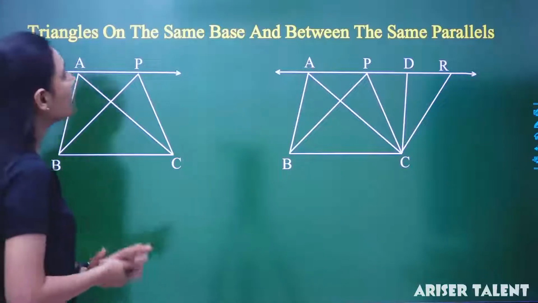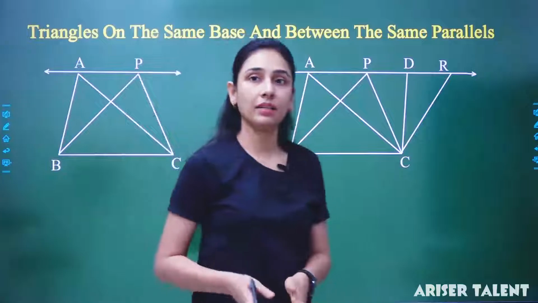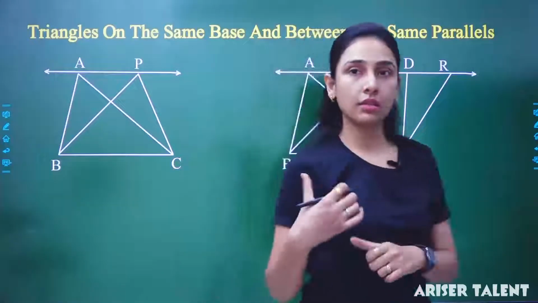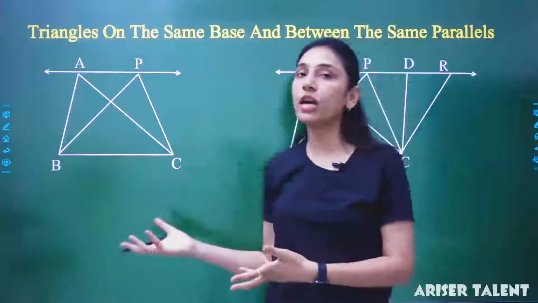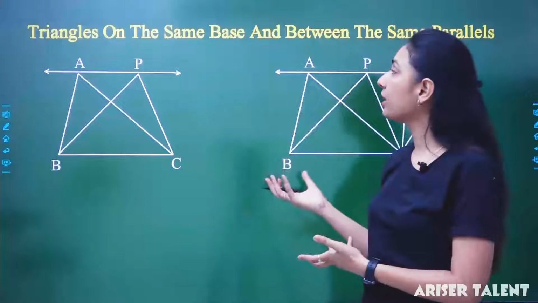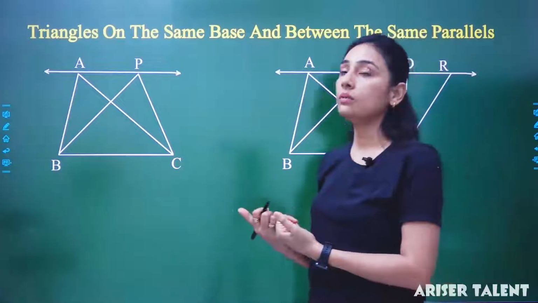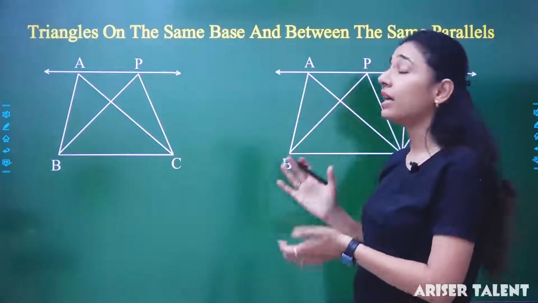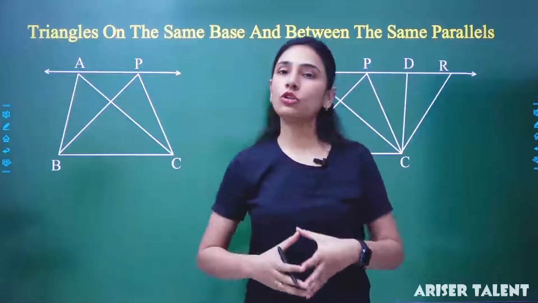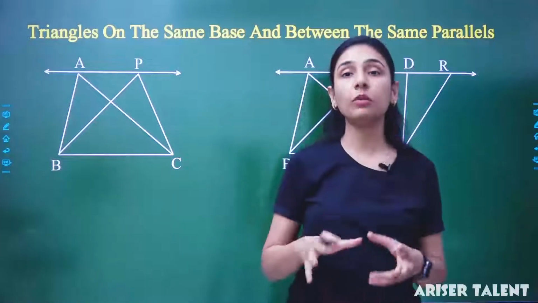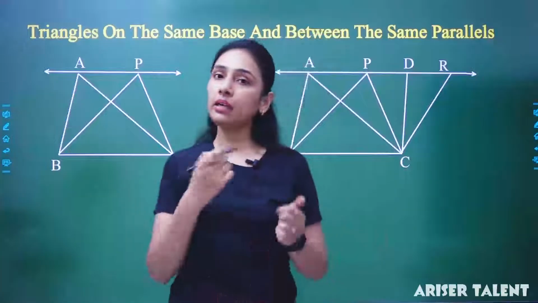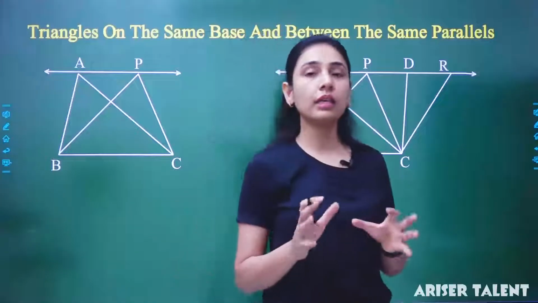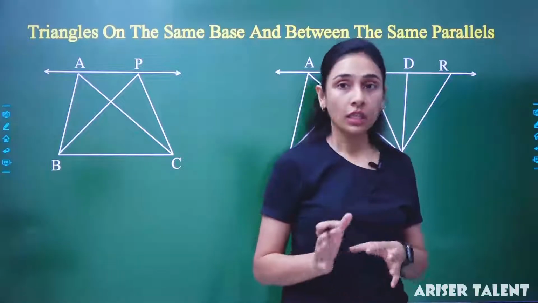Talking about next, triangles on the same base and between the same parallels. We are going to understand triangles on the same base and between the same parallels. We have talked about parallelograms, and about a parallelogram and a triangle, and the relation between these two.